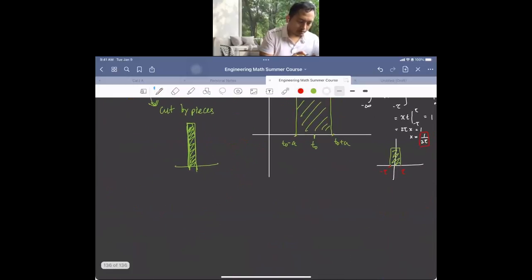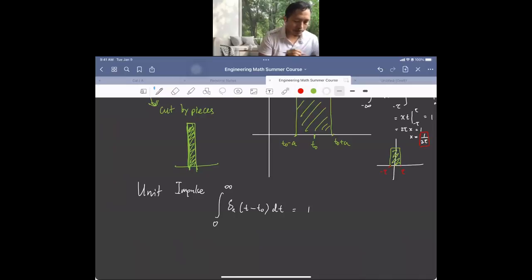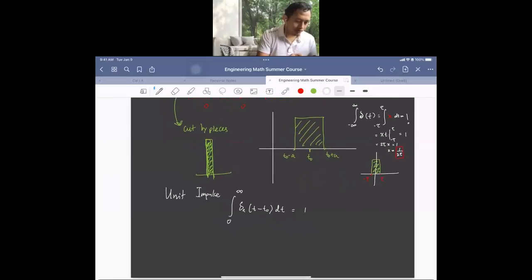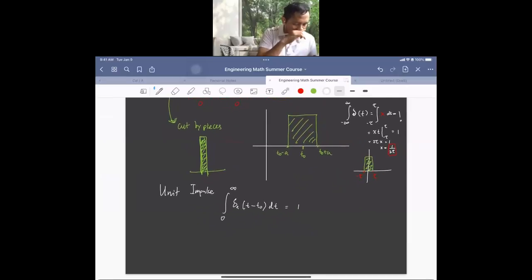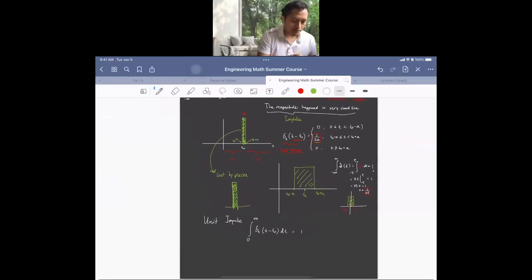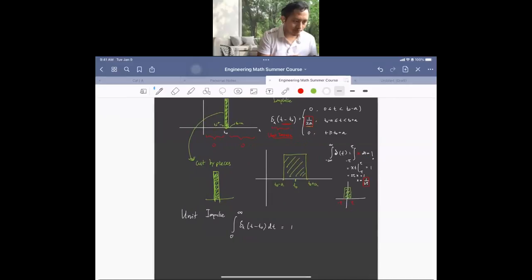And again, the unit impulse has the property that its integral equals 1. And as illustrated, maybe I will just illustrate in the new page.